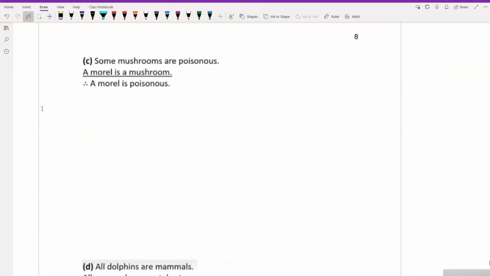Part C, some mushrooms are poisonous. Morel is a mushroom. Conclusion, morel is poisonous. So in this part we have some, meaning we have some members from mushrooms that are inside poisonous.